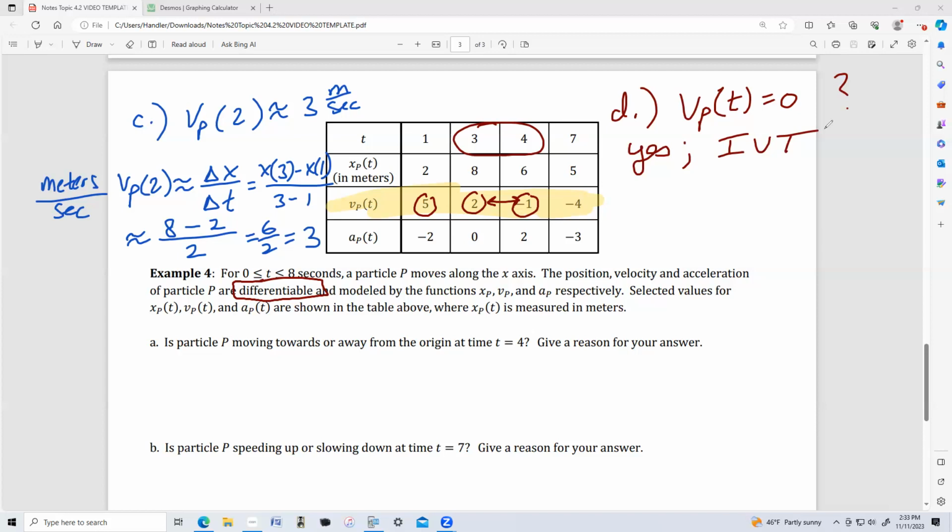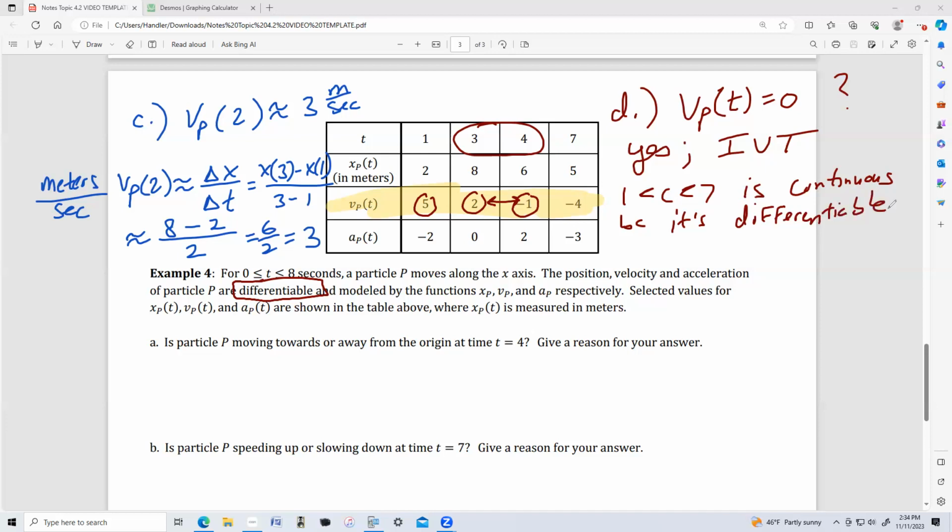Okay, so we know the interval from 1 to 7 is continuous because we were told it's differentiable, which implies continuity.